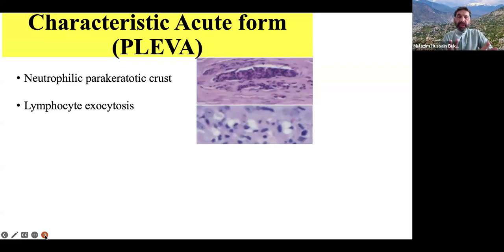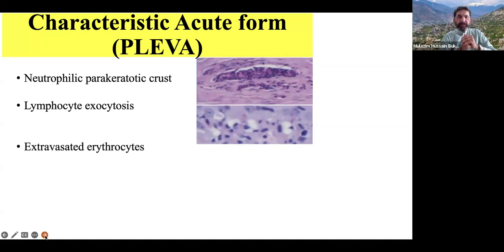While when groups of cells, lymphocytes, atypical cells are moving towards the epidermis without damaging the dermoepidermal junction, very important, without damaging the dermoepidermal junction, this is called epidermotropism. Later on you can see effacement of the rete ridges, but in the beginning there is no effacement of the rete ridges in epidermotropism.